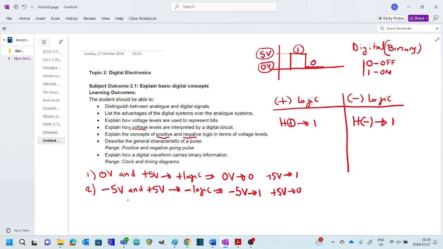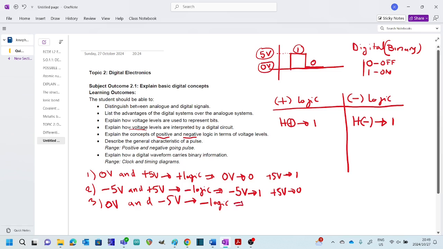Let me take another example. Example 3. If the examiner gives us 2 voltage levels, 0 volt and minus 5 volt, and says these two are operating in negative logic, what does 0 volt represent?